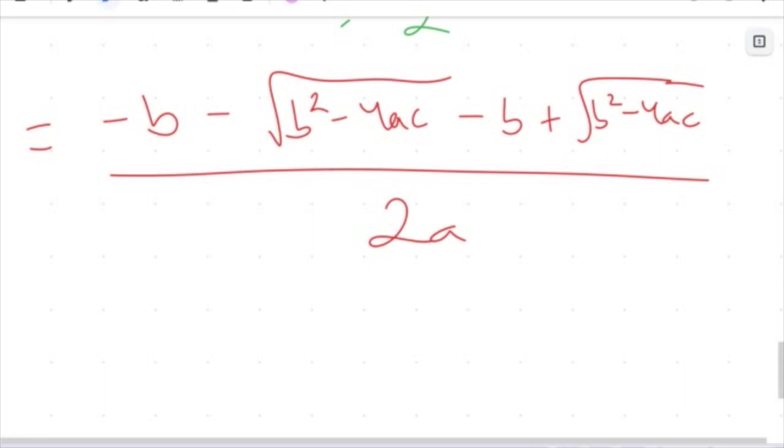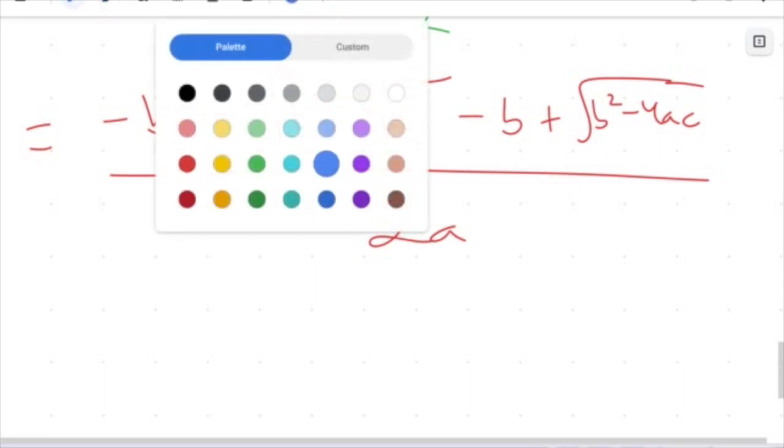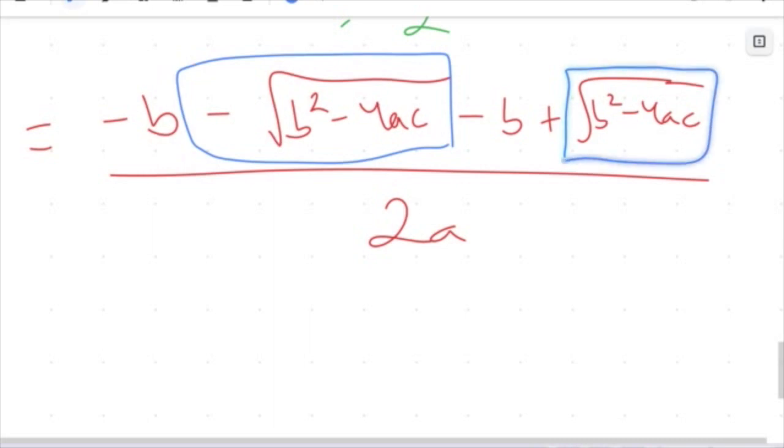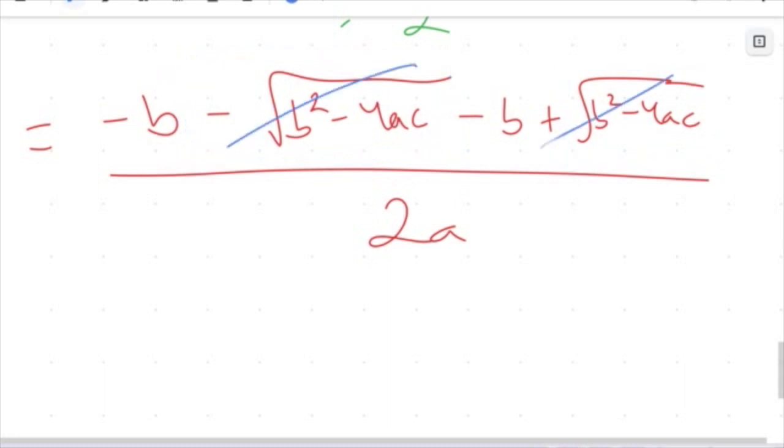Now notice that this negative square root of b squared minus 4ac is exactly the same as this one. One of them's positive, one of them's negative. So these two are going to cancel each other out.